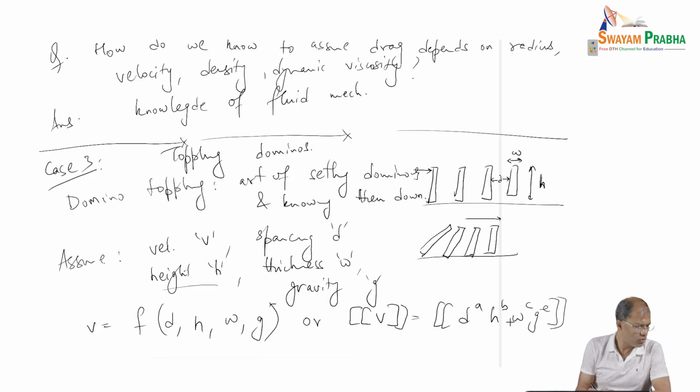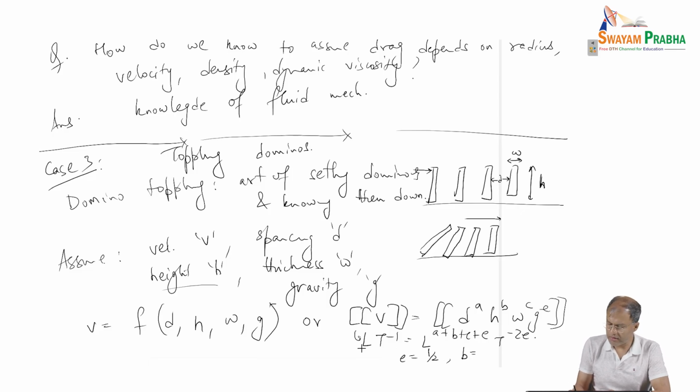Now if we do the fundamental analysis, we see that L T to the minus 1, which is the dimension of velocity, is equal to L to the a plus b plus c plus e times T to the minus 2e, and e comes out to be 1/2.